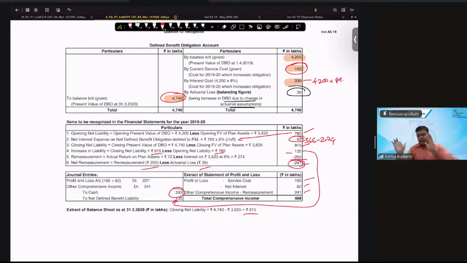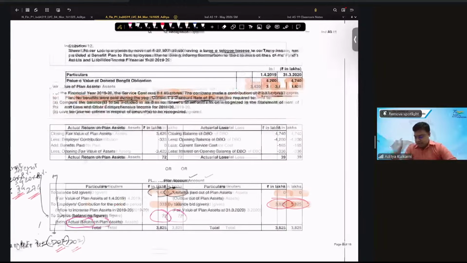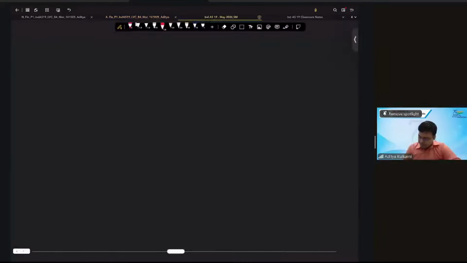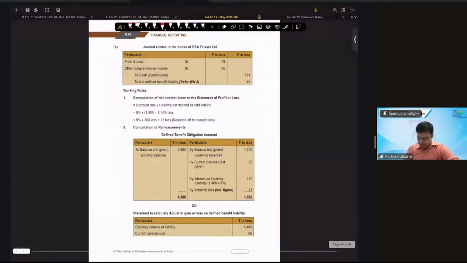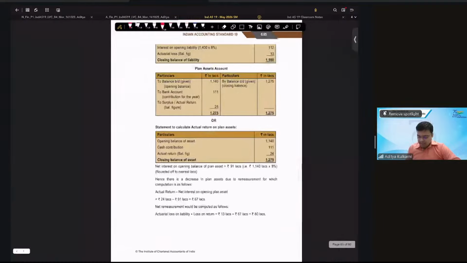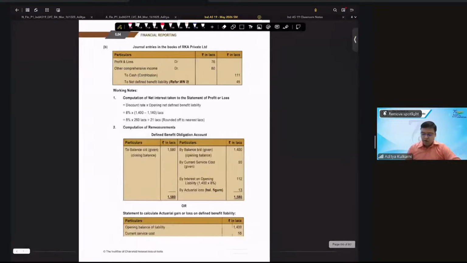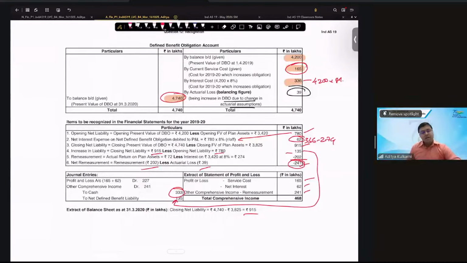What you generally have to see is, in the way the institute has solved, you can do it this way also. You can go on a net basis or on a gross basis. I will prefer the gross basis. Do the benefit obligation separately, the plan assets separately, and then club both of them manually.